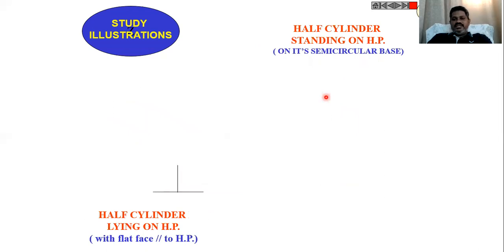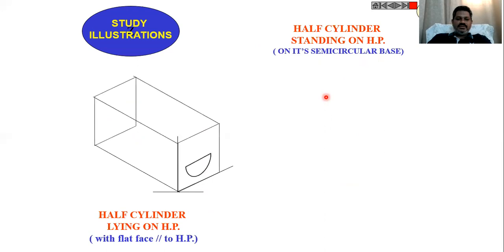Then let me show the half cylinder also. Similarly, the same thing will happen. Construct one square here with the given diameter, and draw the half ellipse with the previous procedure, and similarly draw a half ellipse on the back side also.